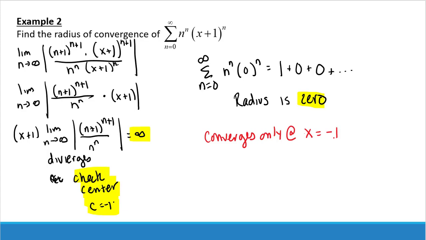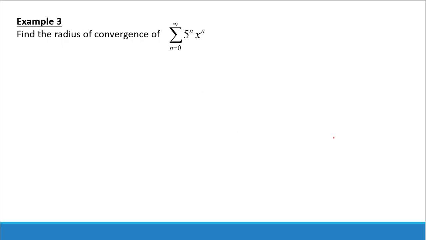Okay, another example. Again, we take the limit as n goes to infinity of 5 to the n plus 1 times x to the n plus 1, all over 5 to the n times x to the n.